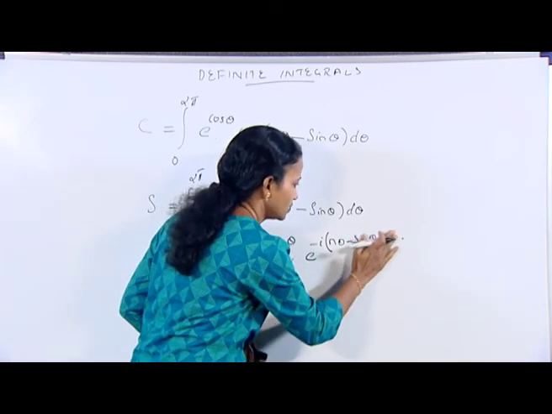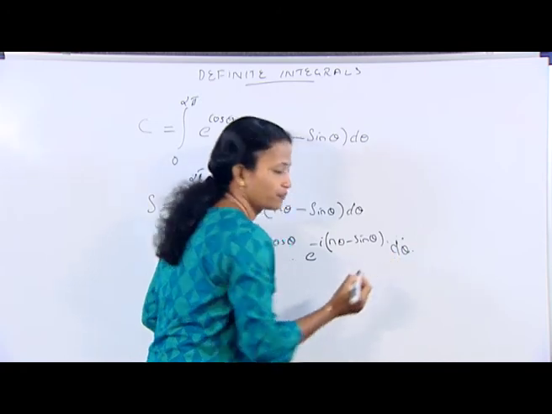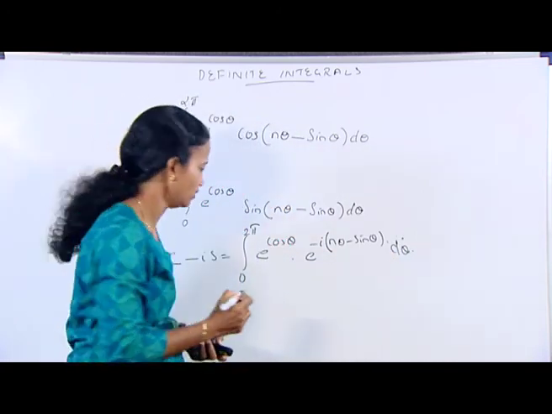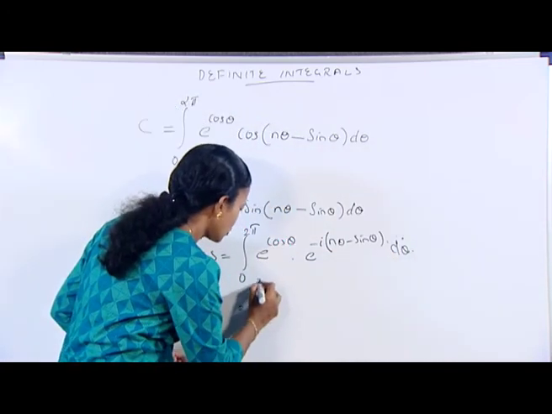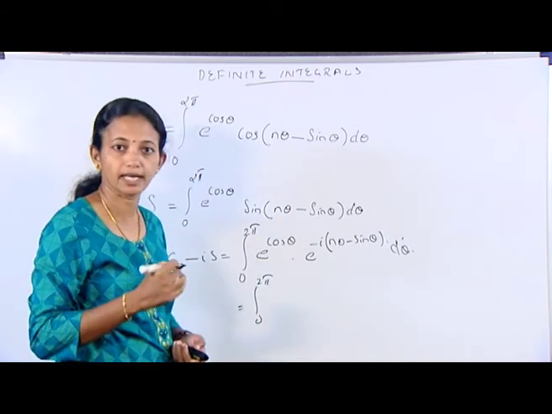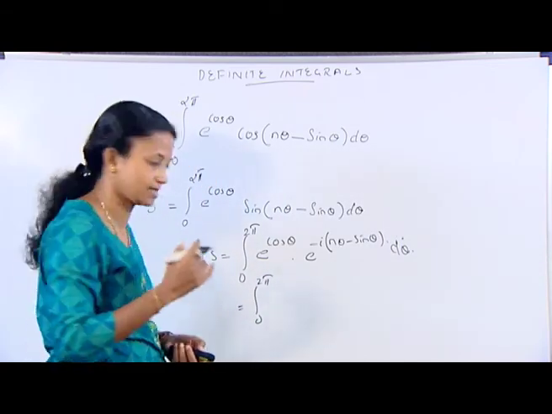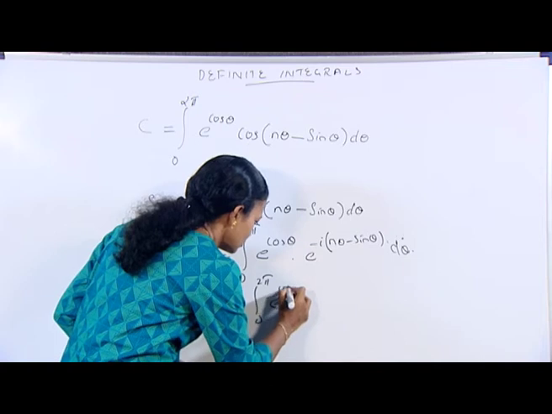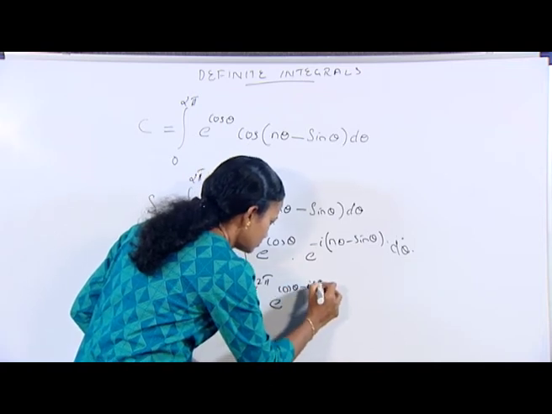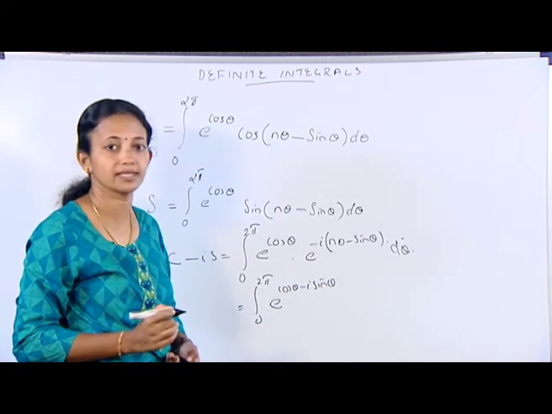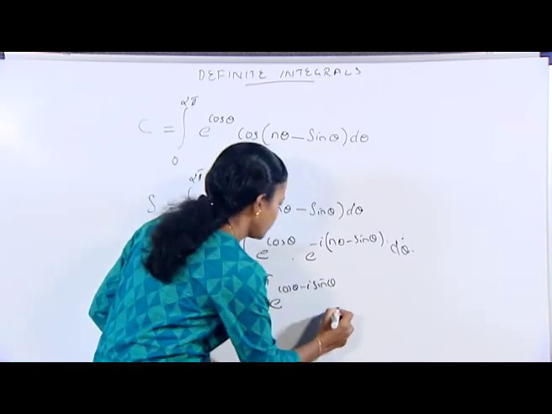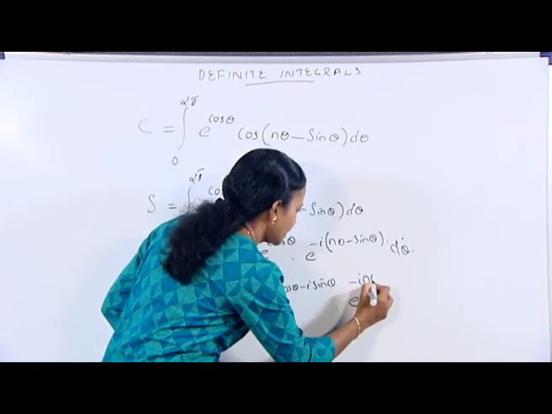Sorry, here we have dθ, which is equal to the integral from 0 to 2π of e^(cos θ + i sin θ) times e^(−inθ) dθ.